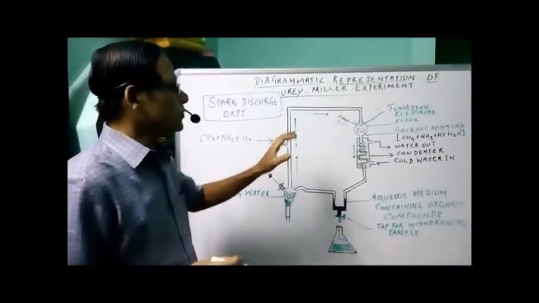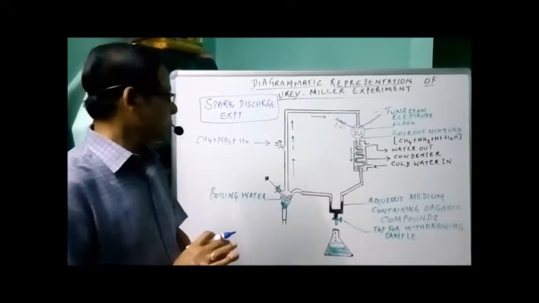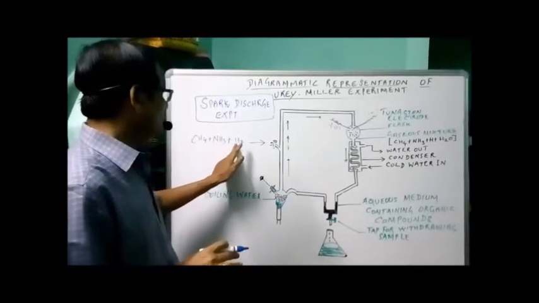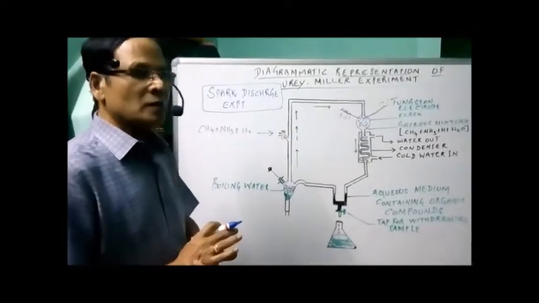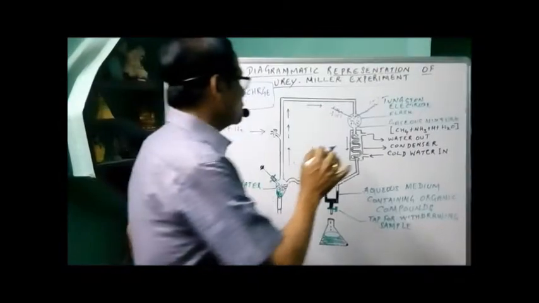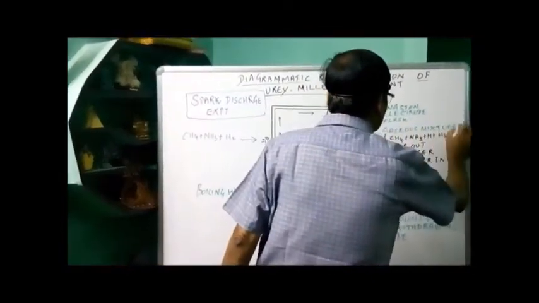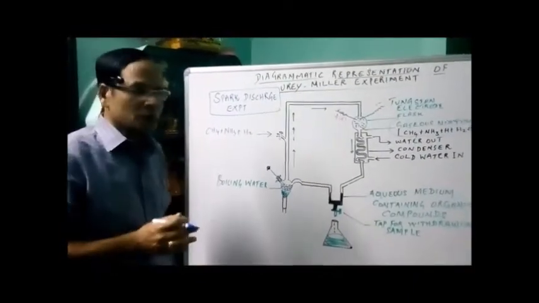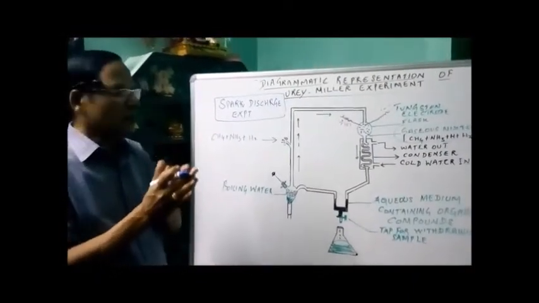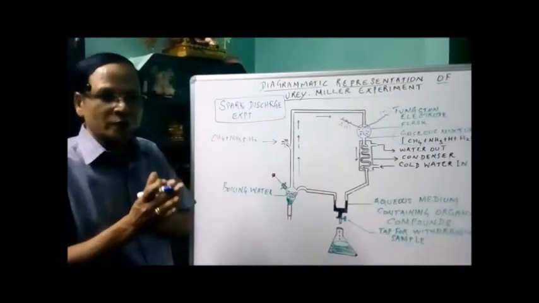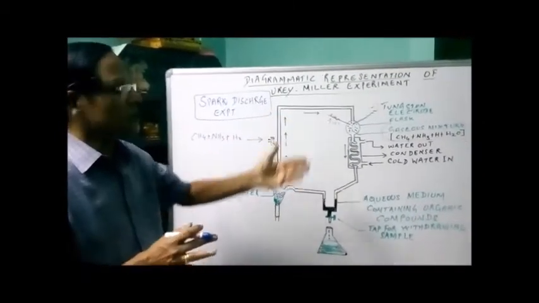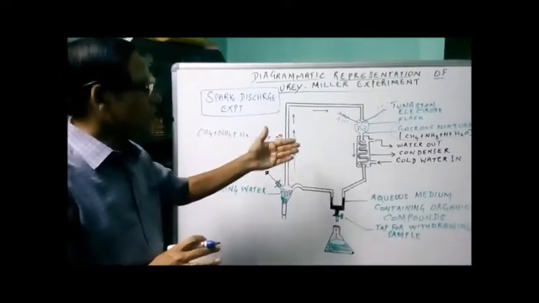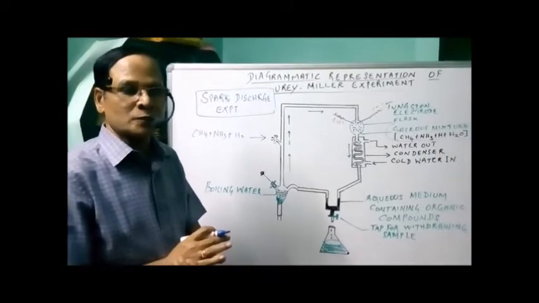In the experimental setup, these gases, methane, ammonia, hydrogen and water, were allowed to circulate through a large chamber where an electric discharge provided energy for the union of these chemicals to form organic molecules. This happened in the past, in the primitive atmosphere.